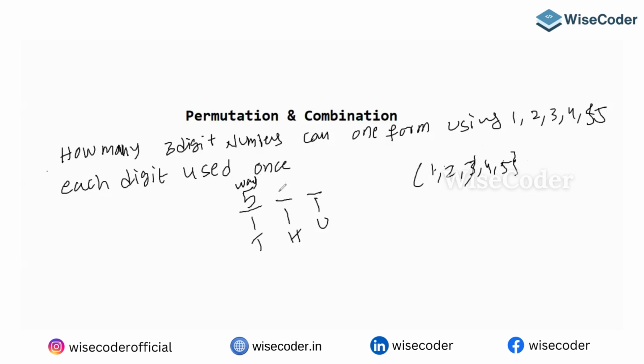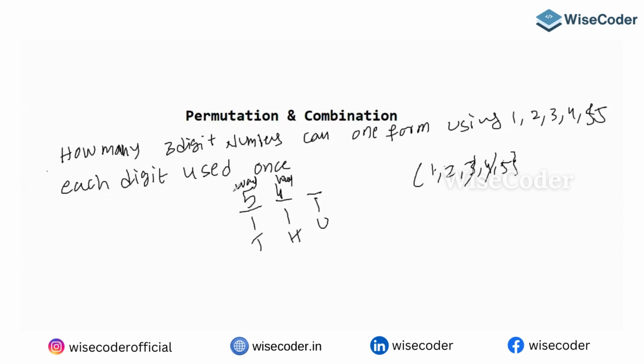So for each of these five ways, there are further ways. That's obvious, no? There are further four ways for the tens position. Out of these four, one number is fixed, any of the remaining four digits can be filled in the tens position.